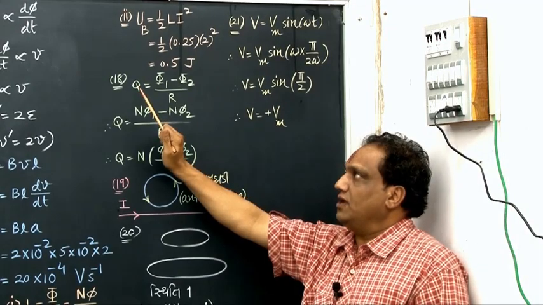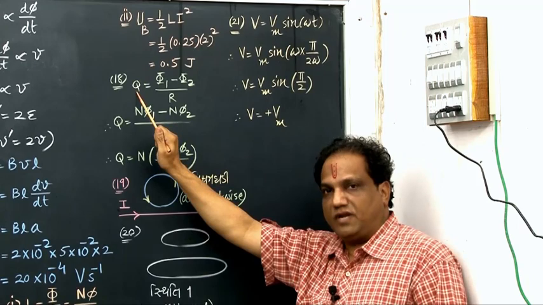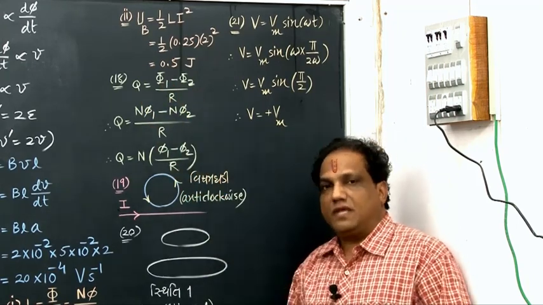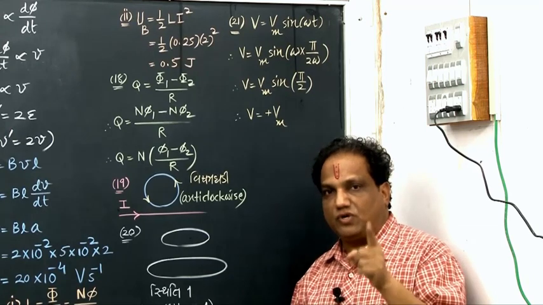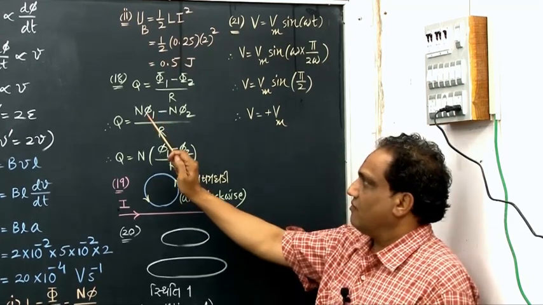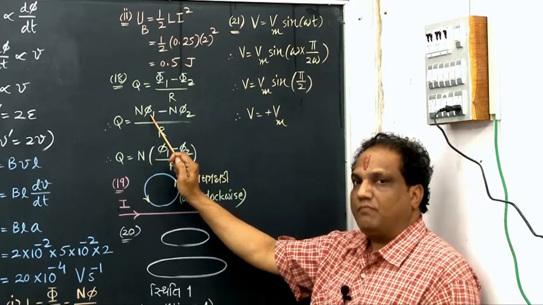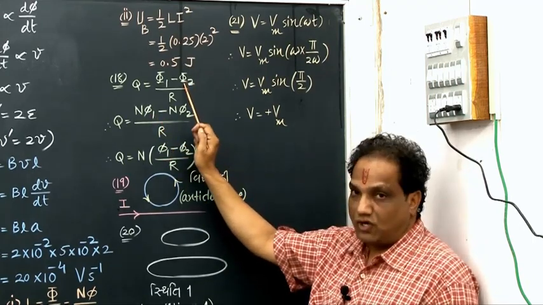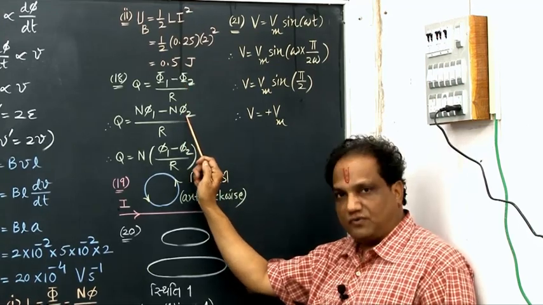Look, induced charge is given by the formula Q equals phi 1 minus phi 2 upon R. Capital Phi 1 is the initial total magnetic flux, given by the formula N into small phi, initially, so I am writing small phi 1. Similarly, capital Phi 2 is N into small phi 2.